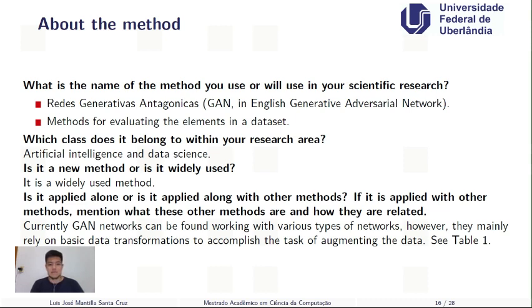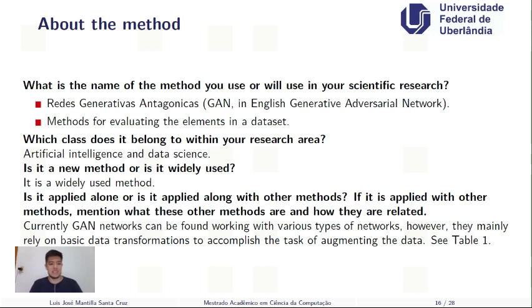Which class does it belong to within your research area? Well, it belongs to artificial intelligence and data science. Is it a new method or is it ready to use? It is ready to use because this method is actually a trend in artificial intelligence, because it can generate many interesting samples.